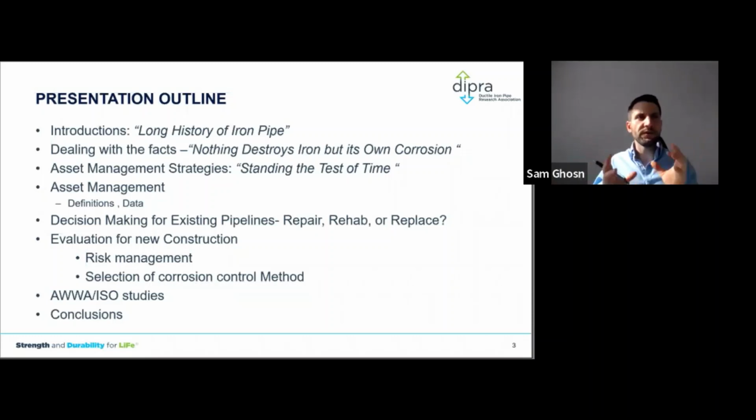We'll discuss those in the last part of this presentation, and this is really related to new construction more than existing infrastructure. And the last part is 2 examples from an AWWA study and an interesting graph from the ISO standard for asset management of water systems. With that, let's get started.